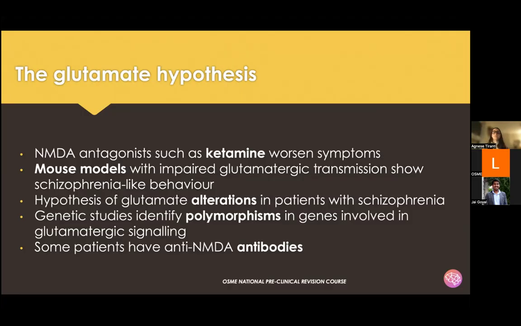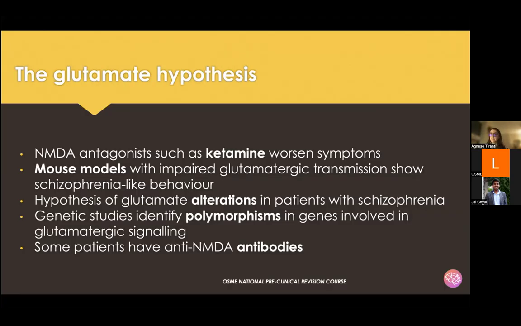When we made mouse models with impaired glutamatergic transmission, we saw schizophrenia-like behavior. So that's telling us that glutamatergic transmission might be important in preventing schizophrenia. This led to the hypothesis that glutamate might be altered in patients with schizophrenia.